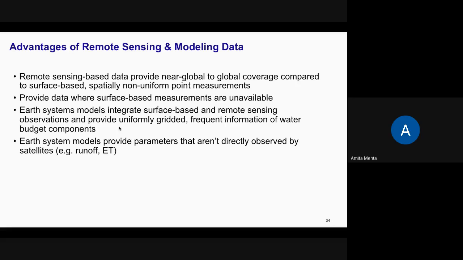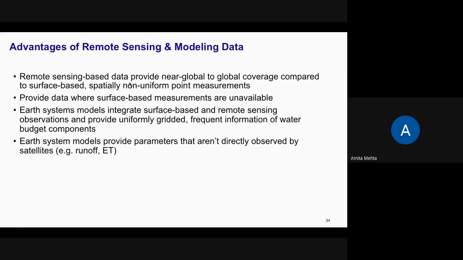So what are some of the advantages of using these data? First of all, remote sensing and modeling data that we just talked about are near global in coverage, compared to surface-based data, which are non-uniform. There are vast areas which are data void. You don't have all these measurements.